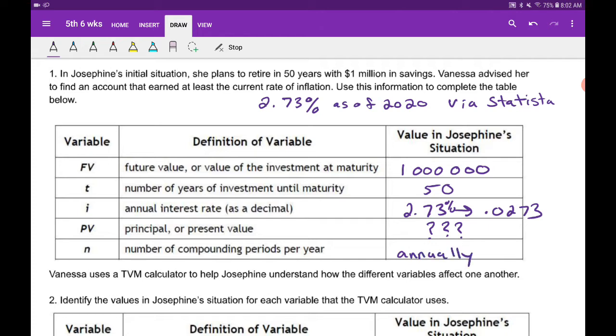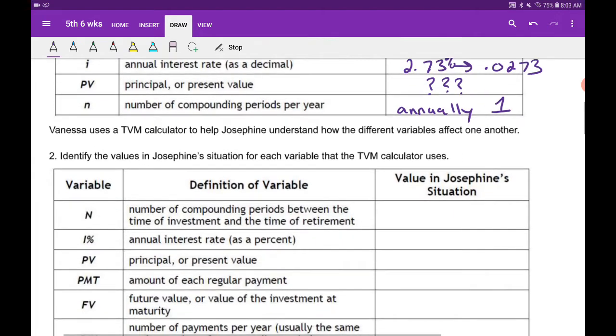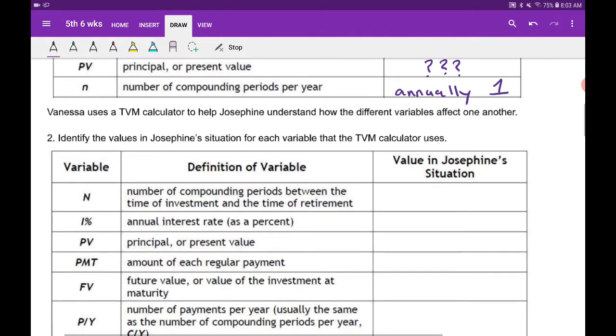And when we do annually, that's going to be 1. So it compounds once per year, every year that inflation rate is applied, that interest is applied. Okay, so let's use our TVM calculator right here to make this computation.